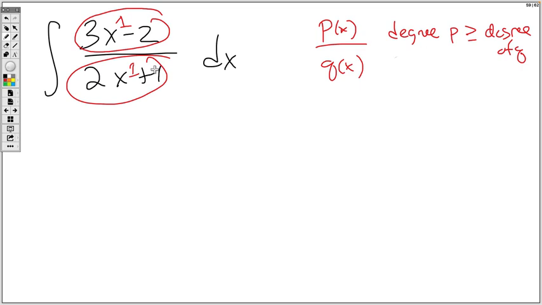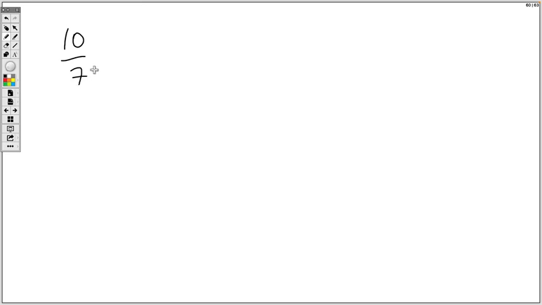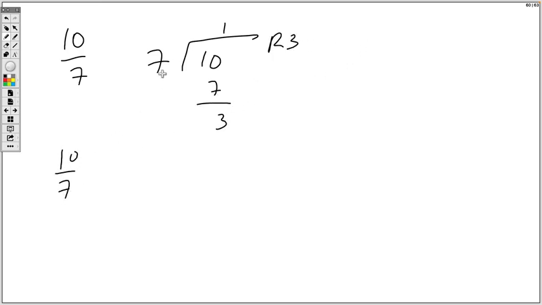So just like when you would have an improper fraction, if you had like 10 over 7, the 10 is bigger than or equal to the 7. That means we could rewrite this as a mixed number. You take 7 into 10, it goes one time. You multiply and subtract with the remainder of 3. That means 10 over 7 is 1 plus 3 over 7.